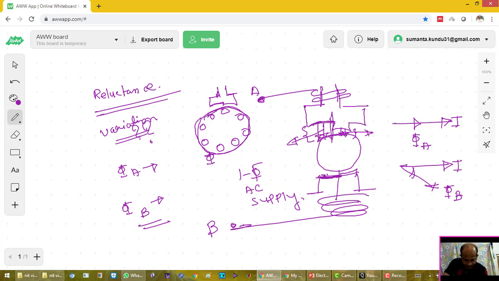Now both these fluxes, whether phi A or phi B, are produced by the same current. Suppose I give the name I to the same current. So the flux across the larger air gap will lead the flux across the smaller air gap.